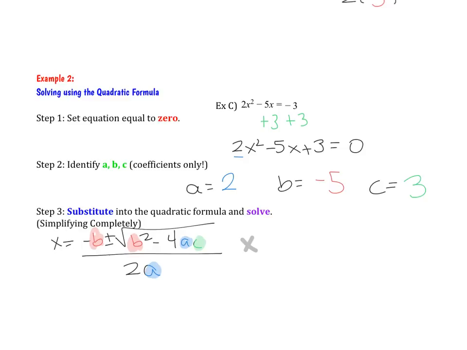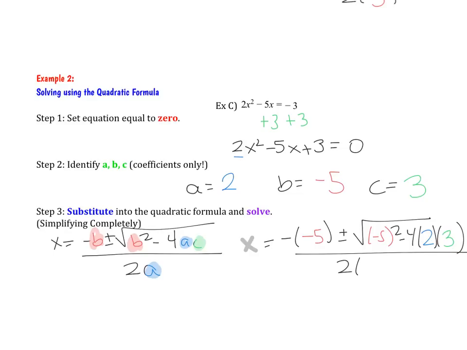So when we substitute, we have x equals -(-5) plus or minus the square root of -5 squared minus 4 times 2 times +3, all over 2 times a, which is 2.